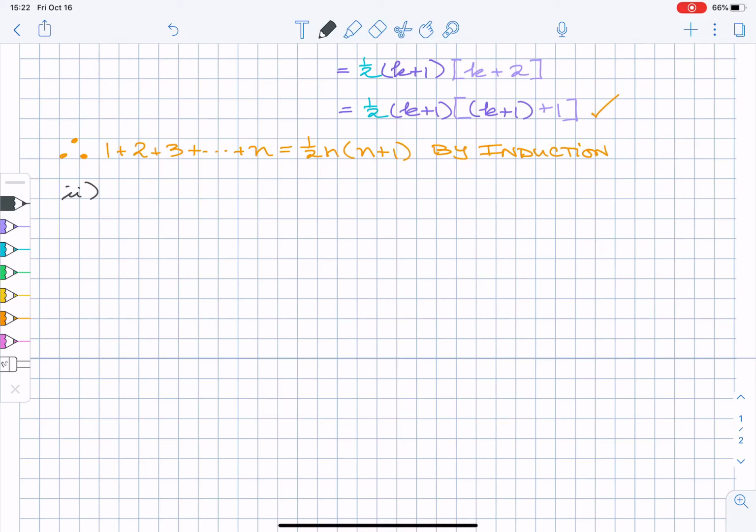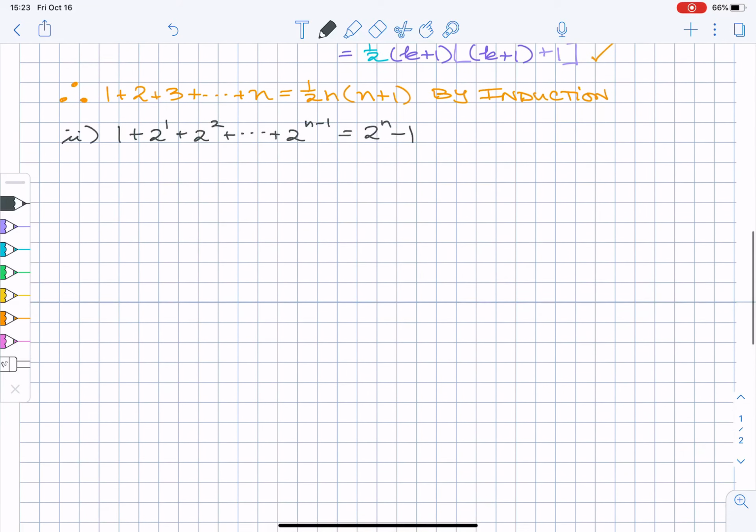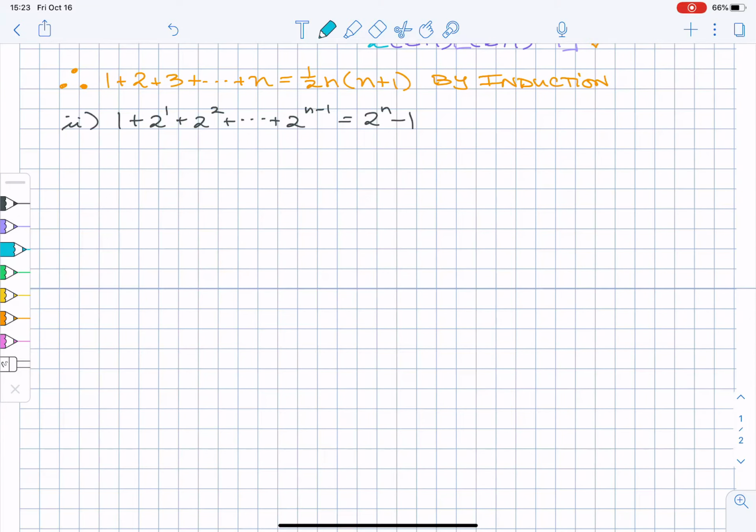So now we have the propositional phrase 1 plus 2 to the first plus 2 to the second plus ... plus 2 to the nth minus first, is equal to 2 to the n minus 1. Okay, so step 1 is to show that p of 1 holds.